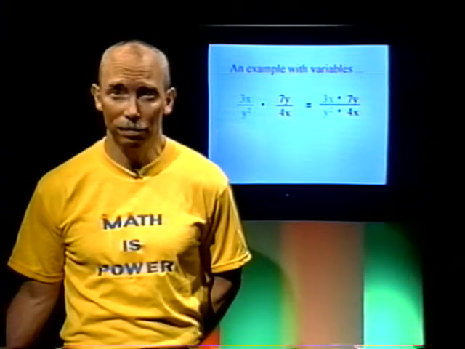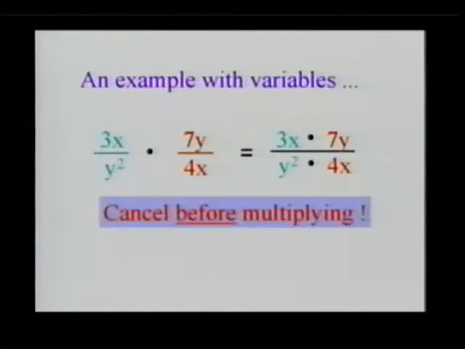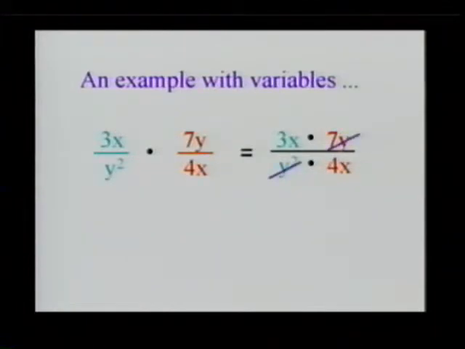Well, let's do it. The y to the second and the y, leaving me with a y in the bottom. Remember, that's a y to the first in the top. The x's are out of here, and that leaves you with x to the 0, but remember, anything to the 0 power is 1, so we could just cancel them.